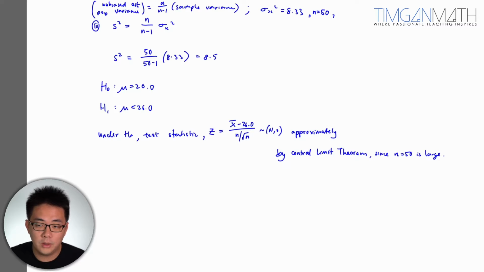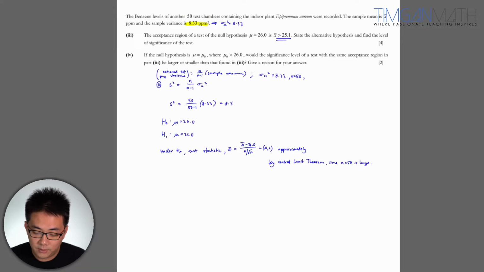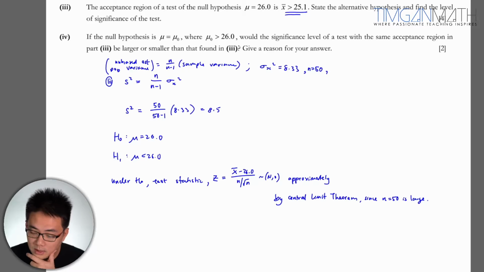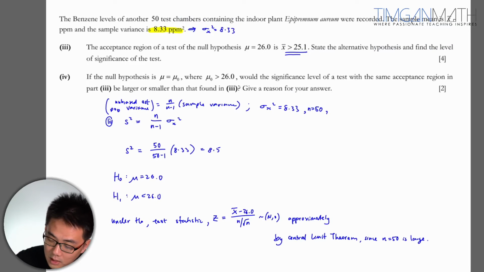So what we're going to do now is essentially try and understand that the acceptance region of a test is x bar more than 25.1. State the alternative hypothesis and find the level of significance of the test. The alternative hypothesis, we already stated, is mu less than 26, right?